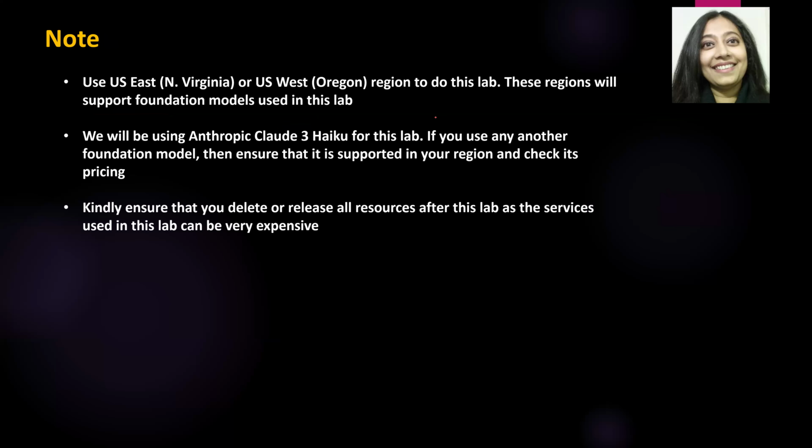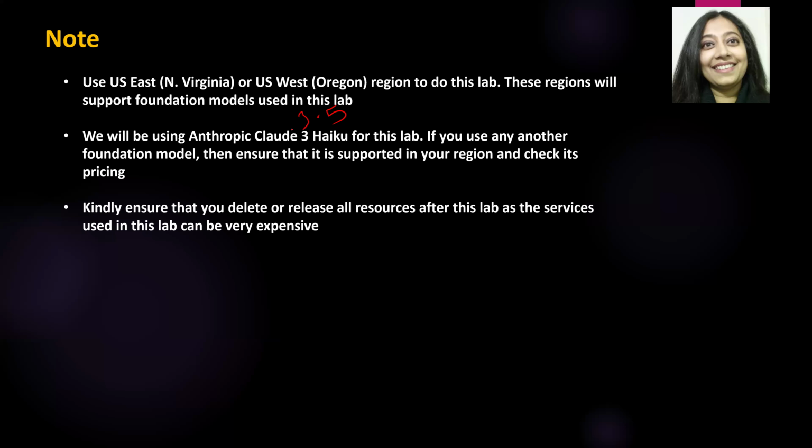A couple of things to keep in mind before we proceed further along. For this particular lab, use US East or US West, that is North Virginia or Oregon region. These regions will support the foundational models used in this lab. We will be using Anthropic Claude 3 or 3.5 Haiku for this lab. If you are using any other foundational model, then ensure that it is supported in your region and check its pricing.